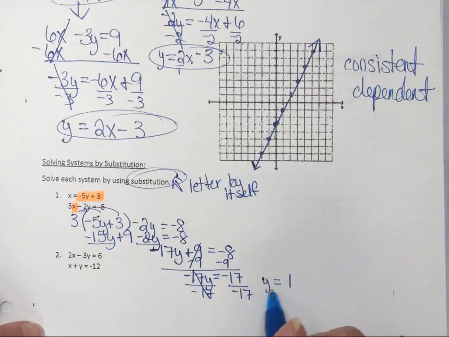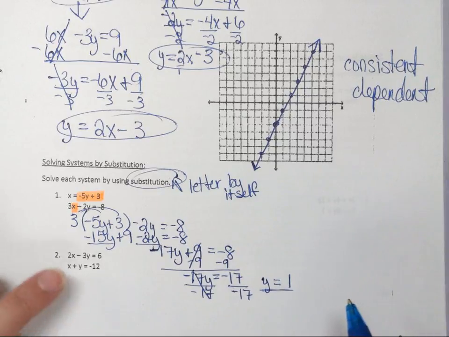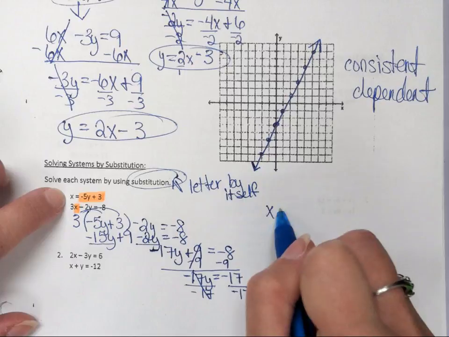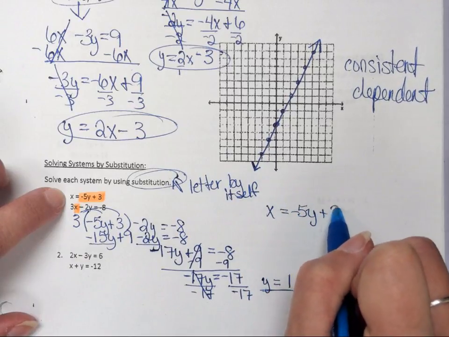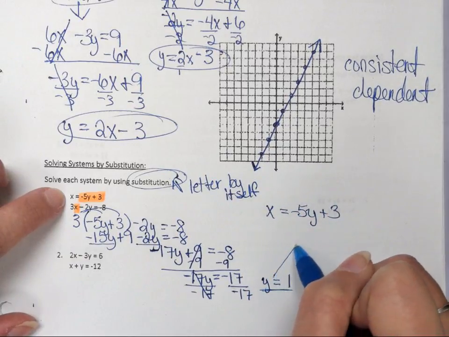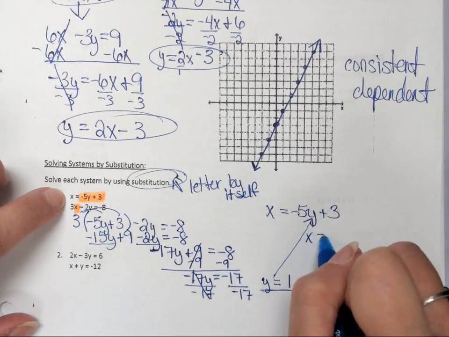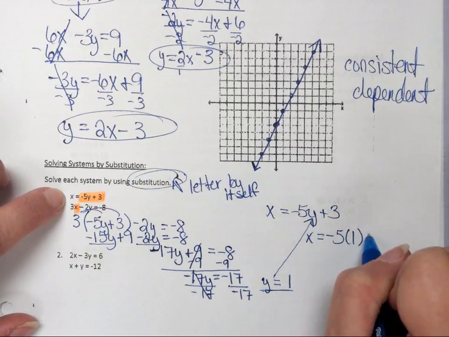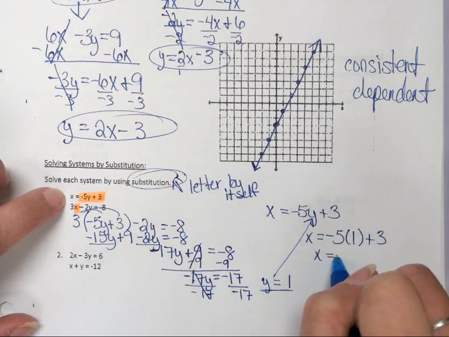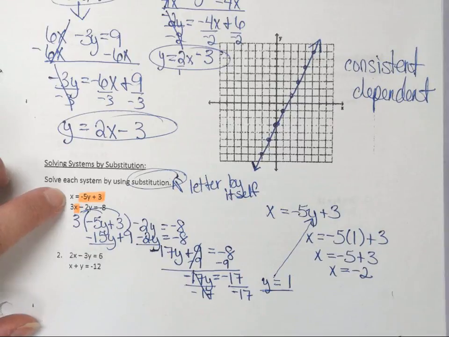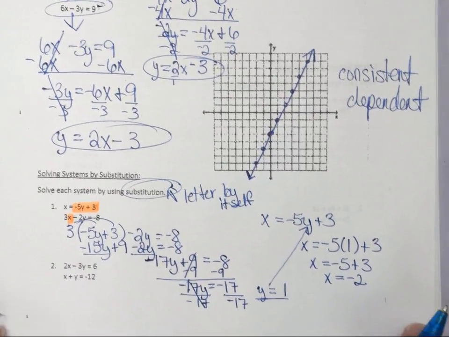So how could I use this to figure out what x is? Plug it in, right? So here we go. x equals negative 5y plus 3. That y is going to go right there. Alright, so we have negative 5 times 1 plus 3. That's just negative 5 plus 3. That's negative 2.